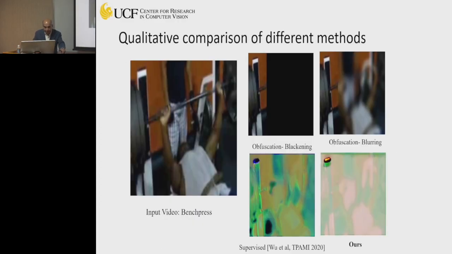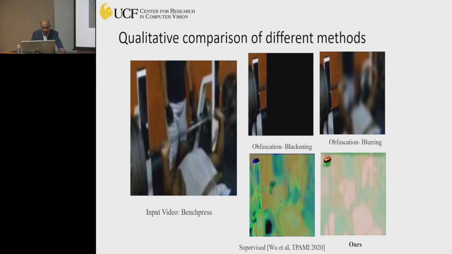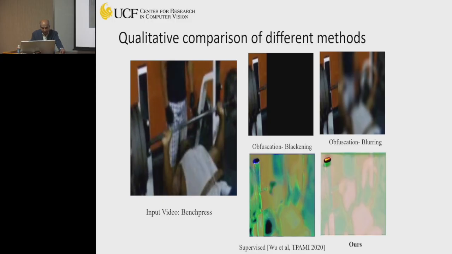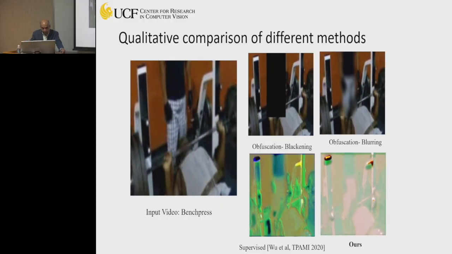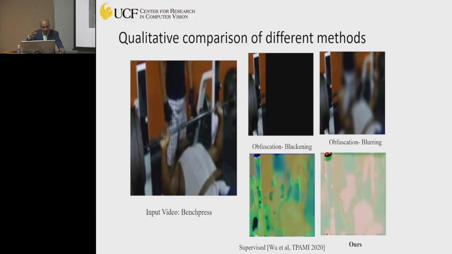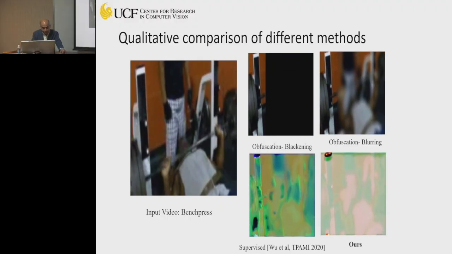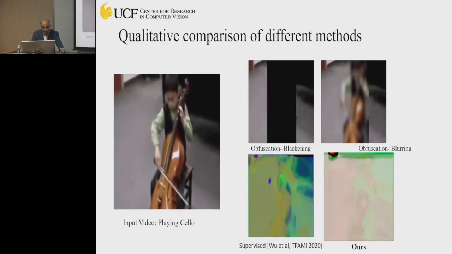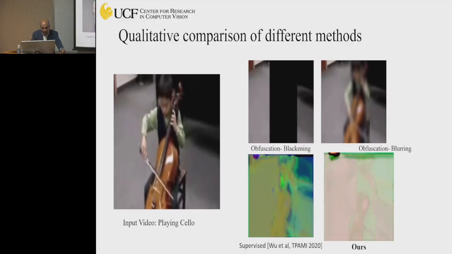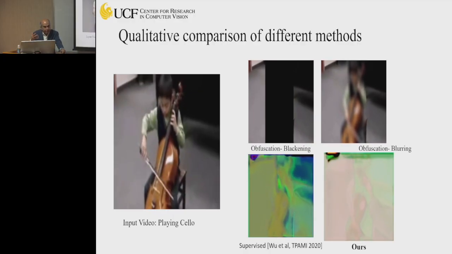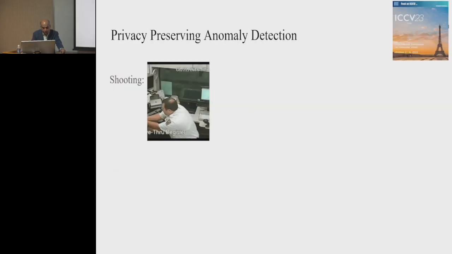Let's look at the video. We have an input video like bench press, and these are comparisons with other methods. As you see, our method anonymizes pretty well, and the performance is also pretty good. This is another action, playing cello, and again we do pretty good. It's very hard to see whether it is a man, a woman, or what the background is.